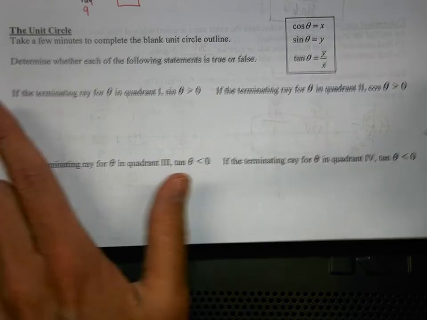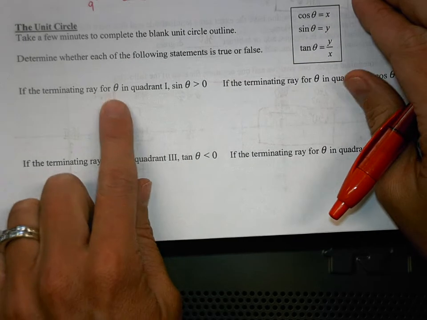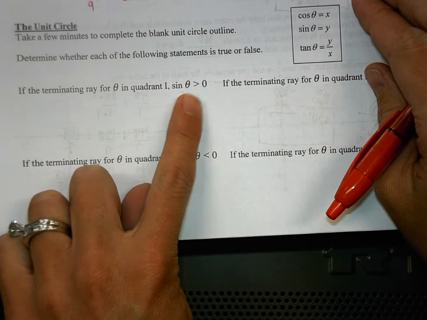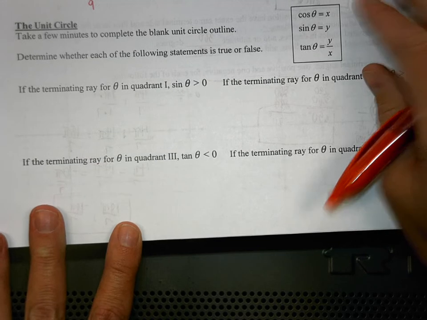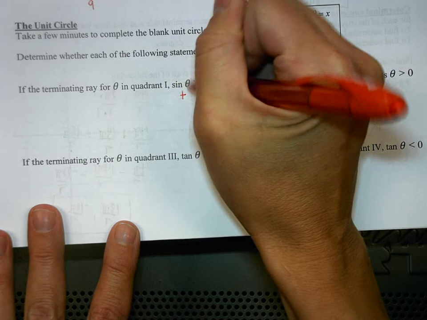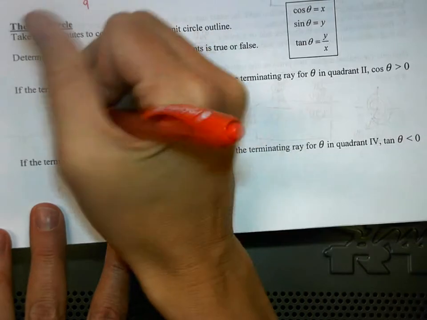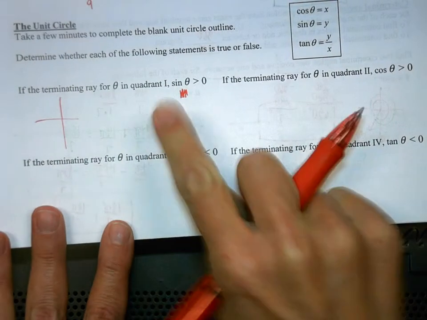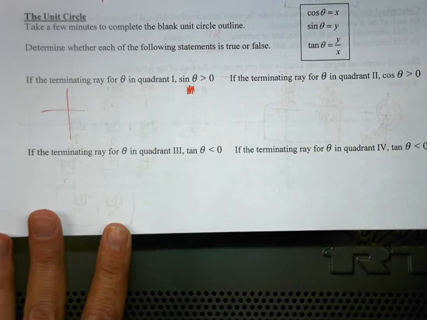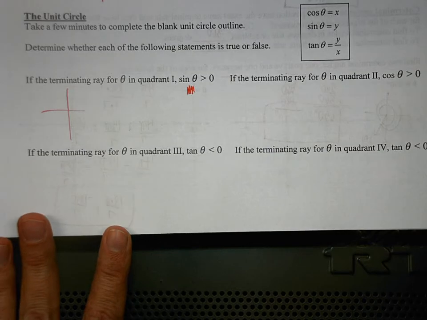Here it says, if the terminating ray is in quadrant 1, sine of theta is greater than 0. What that's saying is that sine would be positive. Wait a second, let's take this back. We're looking in quadrant 1. In quadrant 1, is sine positive? Sine is dealing with what? Y's.